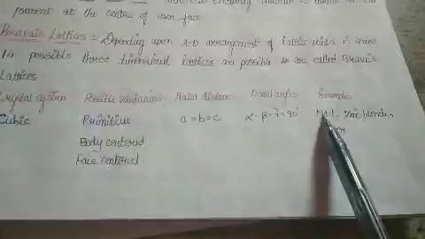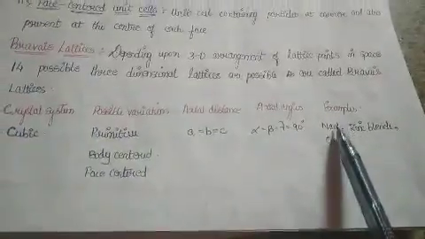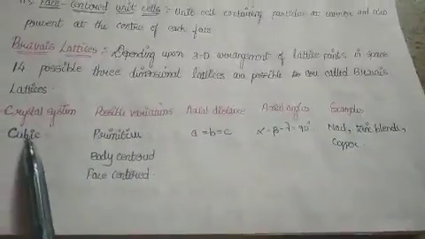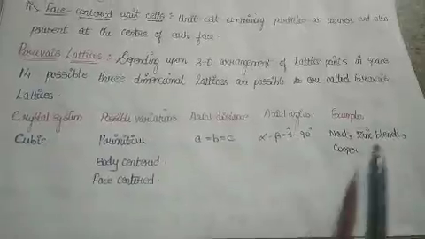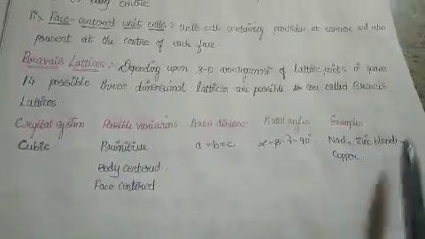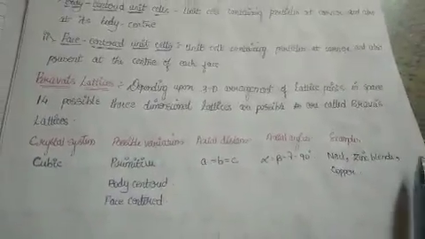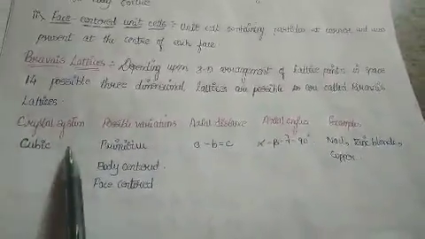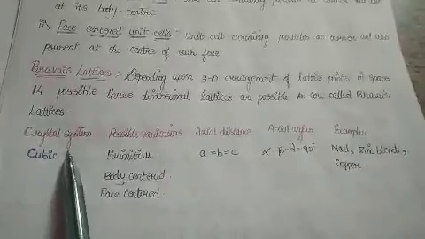For example, the table salt we use in our day-to-day life, NaCl, belongs to the cubic crystal. Copper, zinc blende, you can see its composition in our metallurgy lesson. So these are the examples of crystals which have a cubic system. Able to understand?